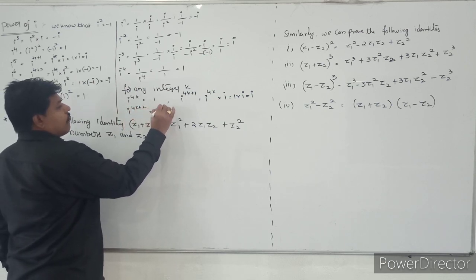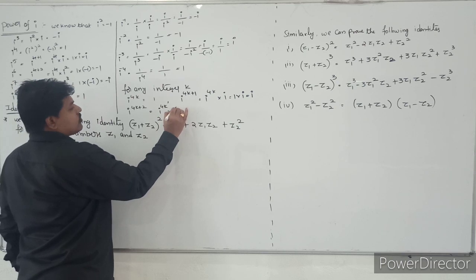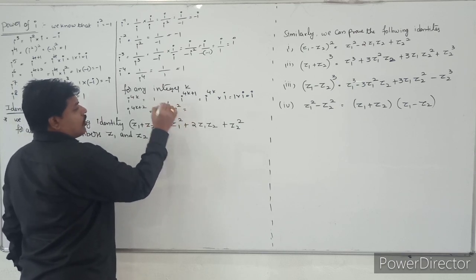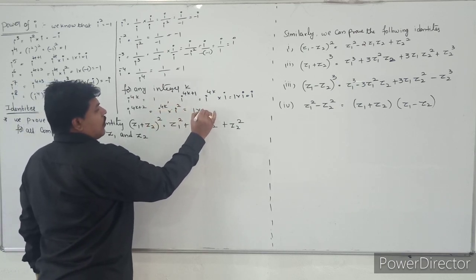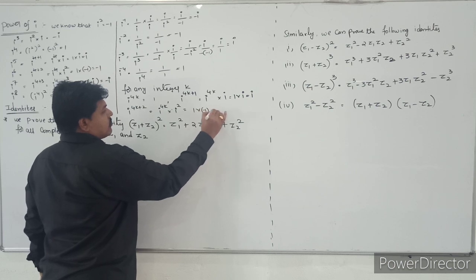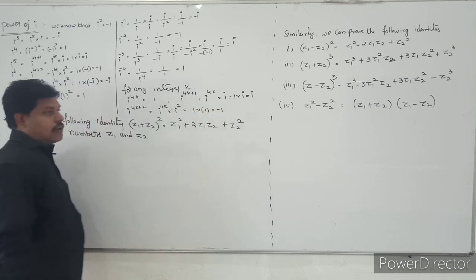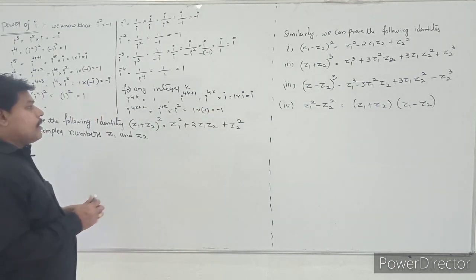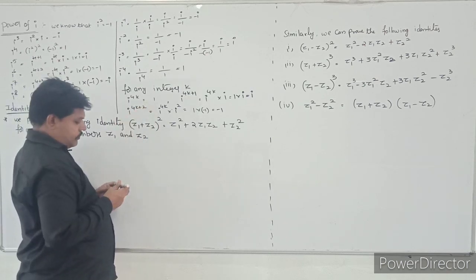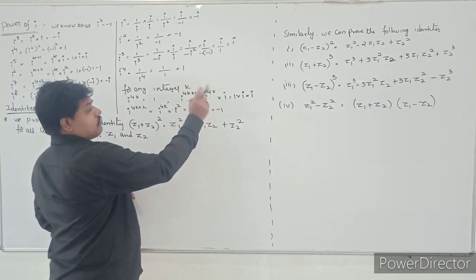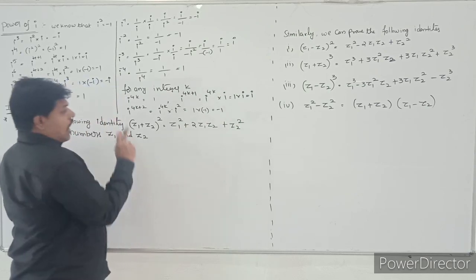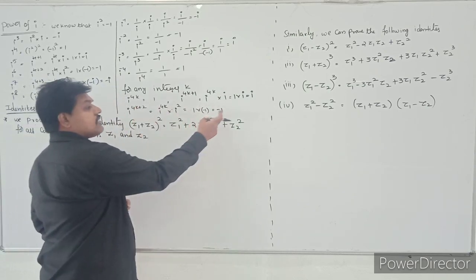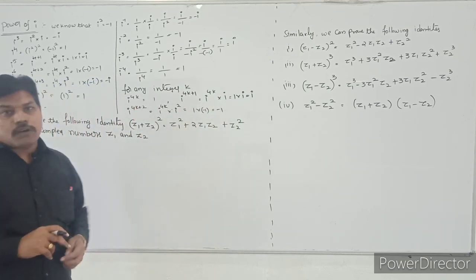I power 4k into I square. So I power 4k value is 1, into I square value is minus 1, so it will become minus 1. So I power 4k value is 1, I power 4k plus 1 value is I, I power 4k plus 2 value is minus 1, and so on.